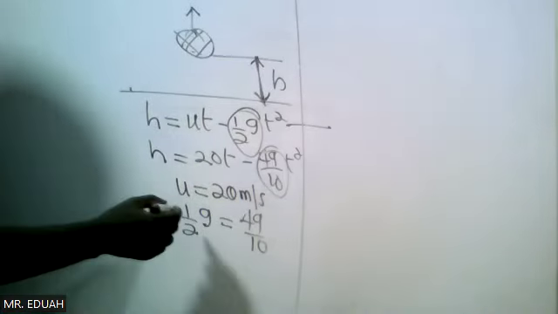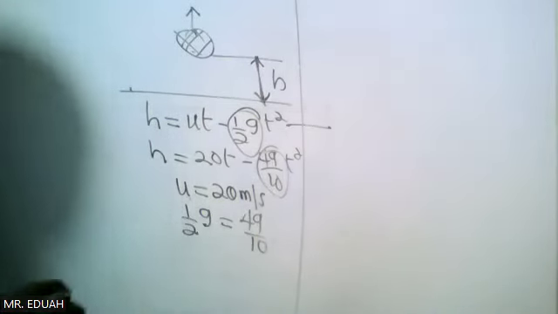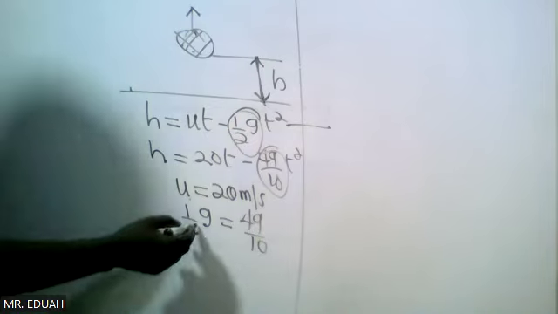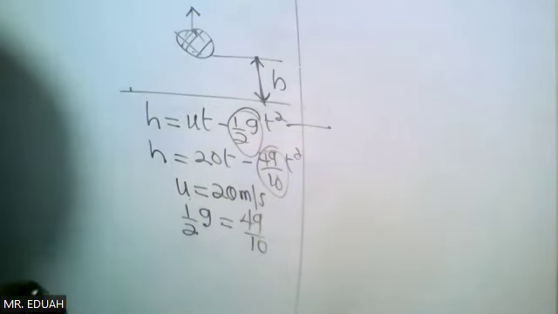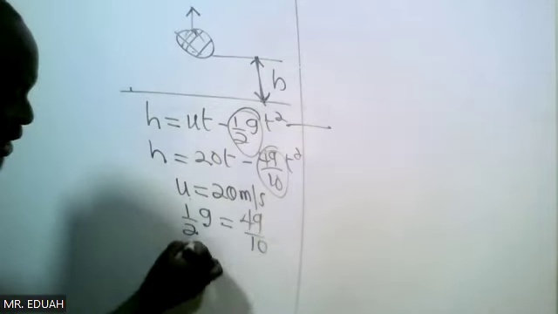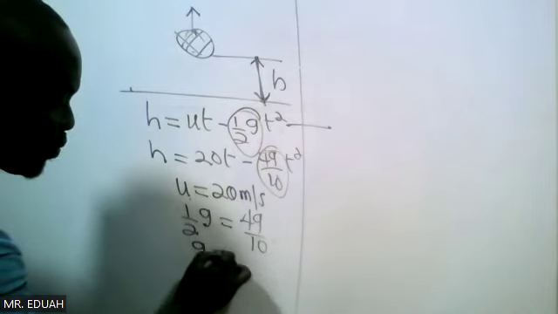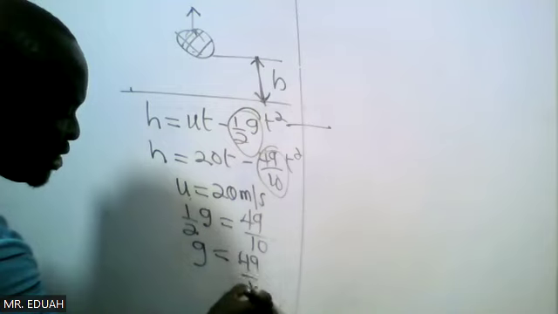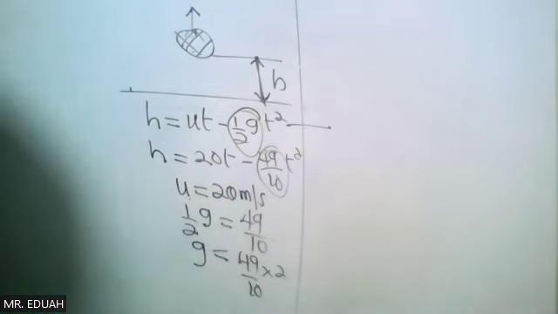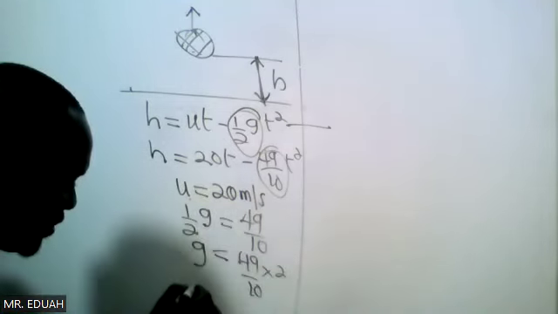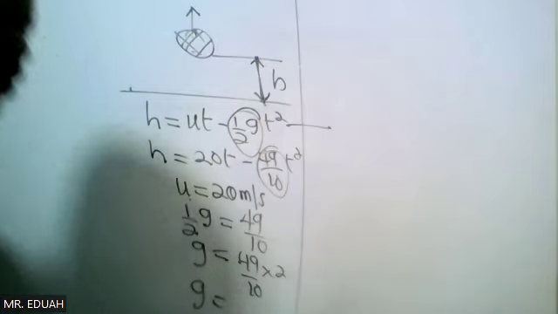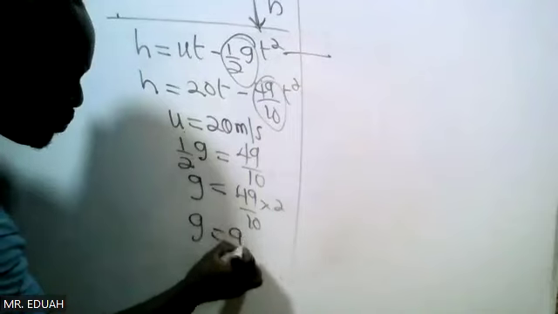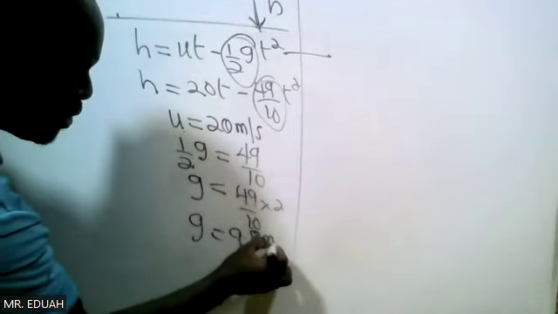So if u is equal to 20 meter per second and half g is equal to this, can't we find g? We can determine g to be equal to 49 on 10 times 2. So that acceleration due to gravity is equal to 9.8 meter per second squared when we compare.